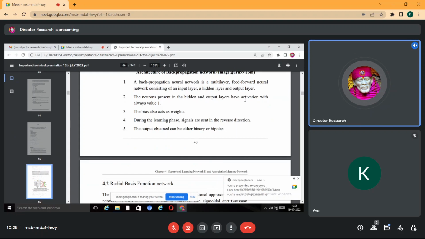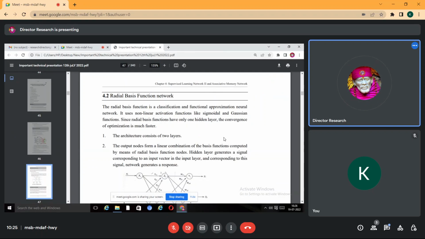This is a very highlighted sentence in this topic, an important question for the examination point of view to get good marks. The neurons present in the hidden and output layers have activation, with bias always having value 1. The bias also acts as weights. During the learning phase, signals are sent in the reverse direction. The output obtained can be either binary or bipolar.